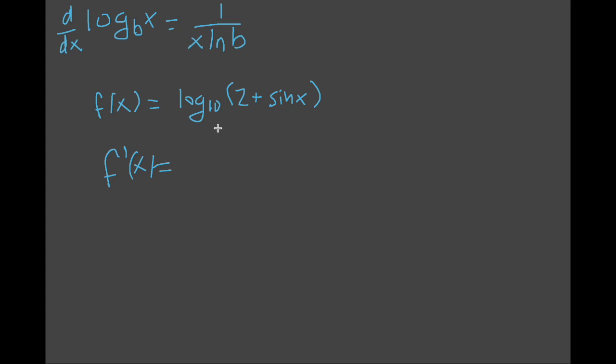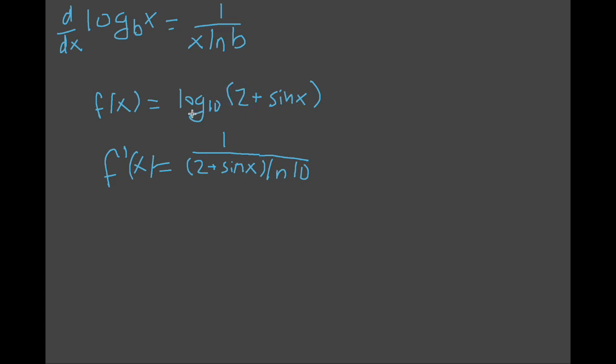So our 2 plus sine of x is going to be there at the bottom of our fraction, and then it's multiplied by ln of the base. So our base is still 10. It's going to be multiplied by the natural log of 10.